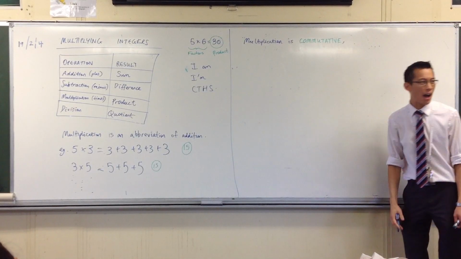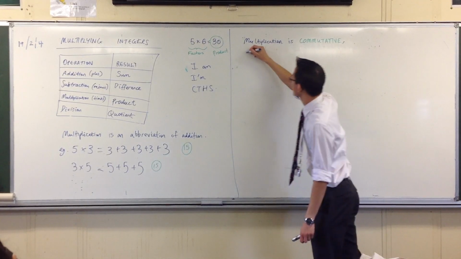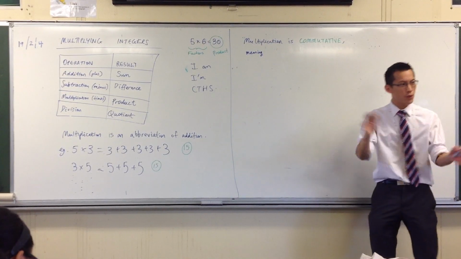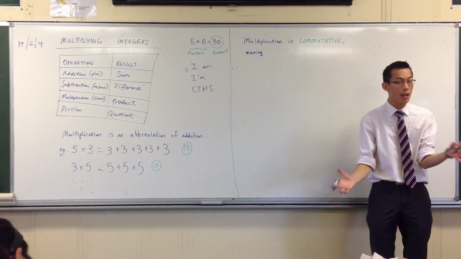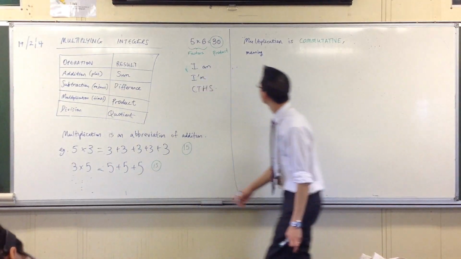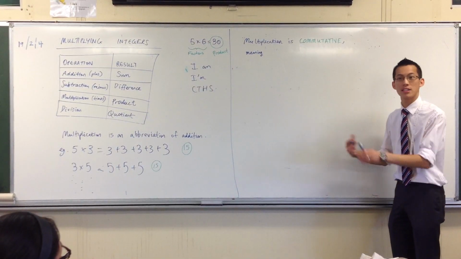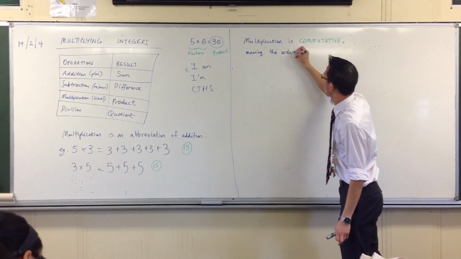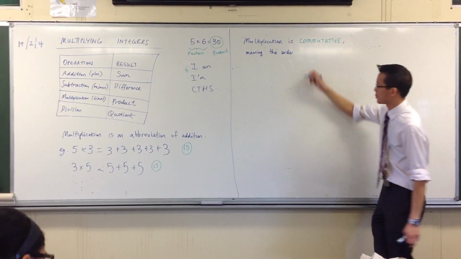Commutative. Which means that if you switch the numbers around, if you do them in a different order, 5 times 3, 3 times 5, the order doesn't change the answer. The order of the numbers.